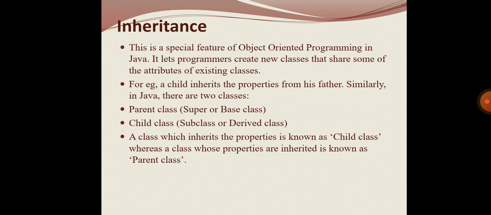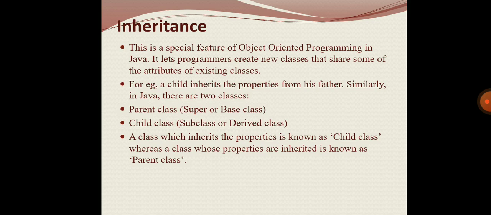Next is inheritance. It is a special feature of object oriented programming, that is creating a class from an existing class. Here we have a parent class and a child class. The parent can be called the superclass or base class, and the child class can be called the subclass or derived class.